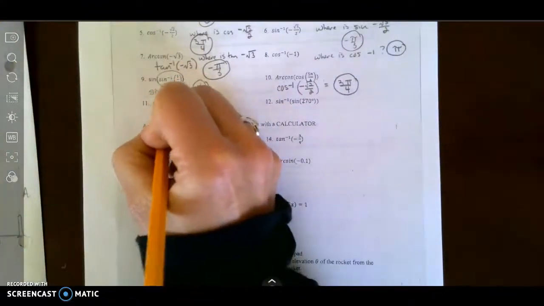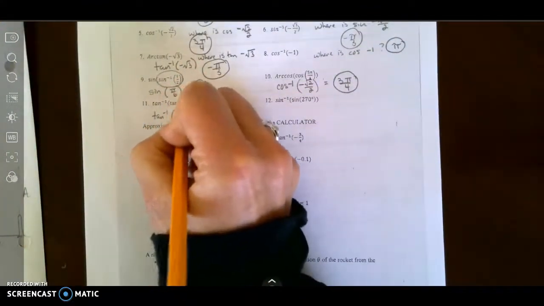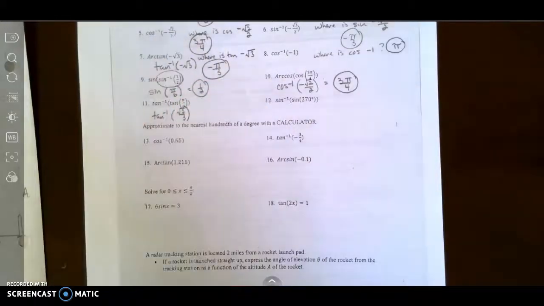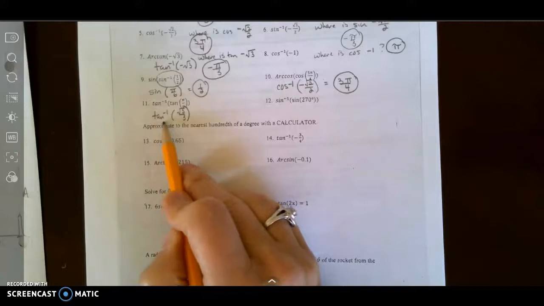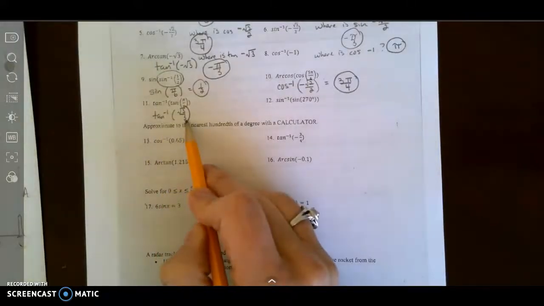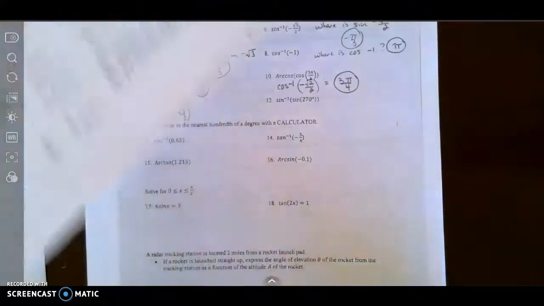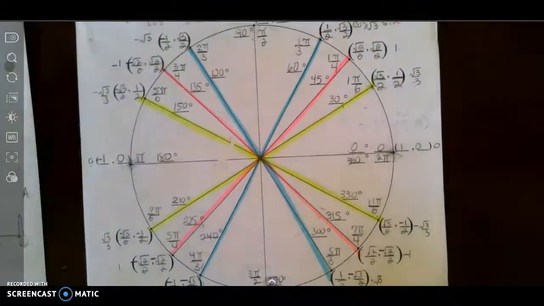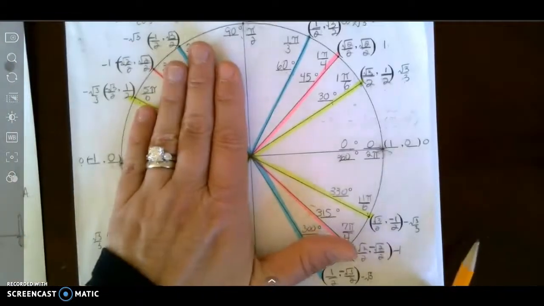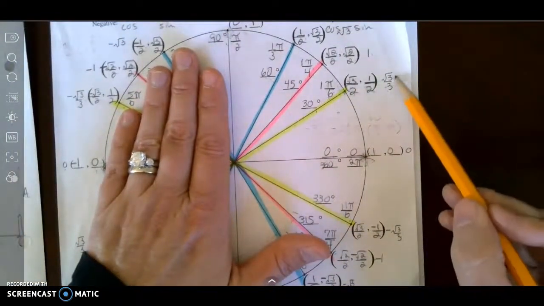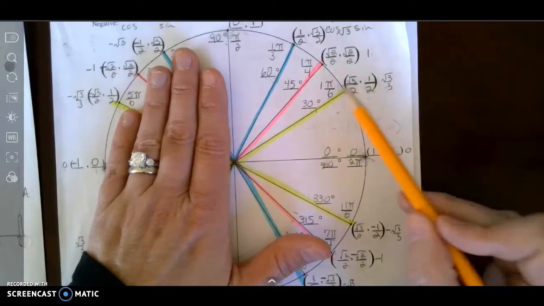So inverse tangent of square root of 3 over 3, which is asking me, where is the tangent square root of 3 over 3? So come here. Inverse tangent is only on the right of the circle. Square root of 3 over 3 is right here, so the answer is pi over 6.